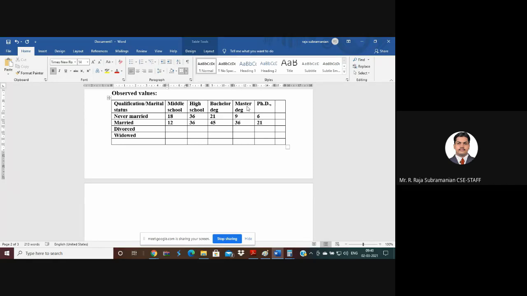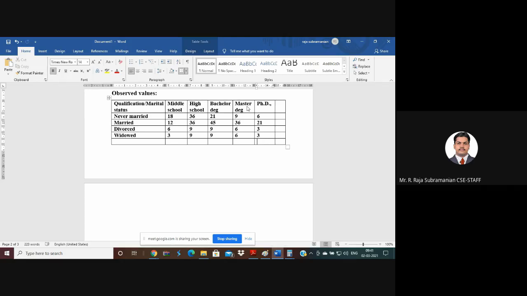Similarly, for divorced, it is going to be 3, 9, 9, 6, 3. So this is the question given to us.